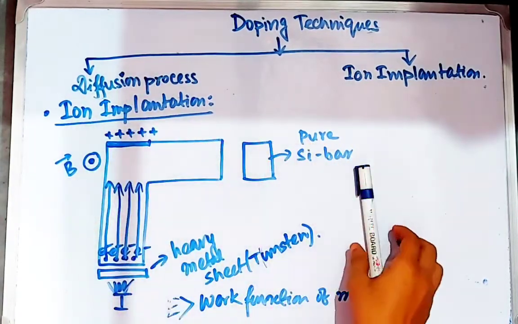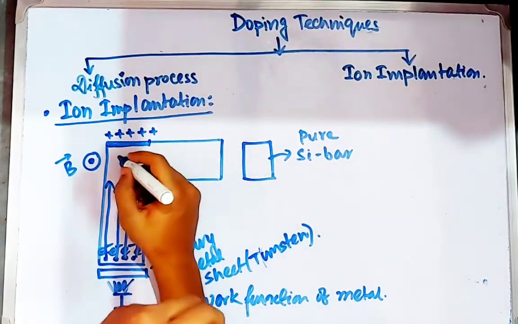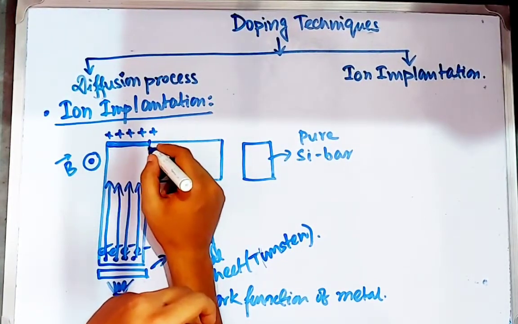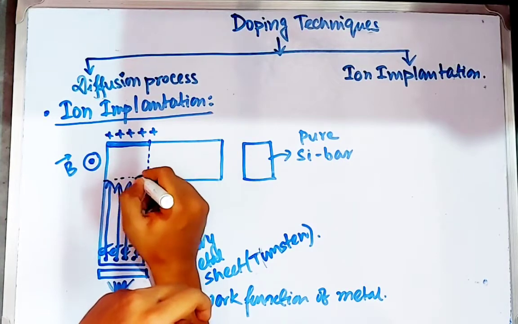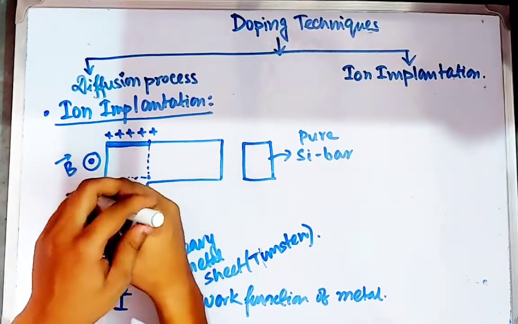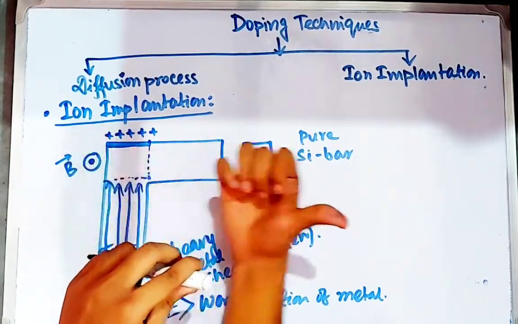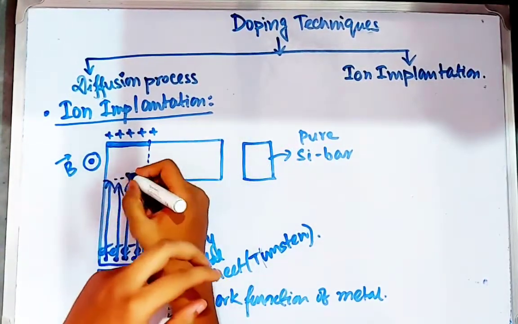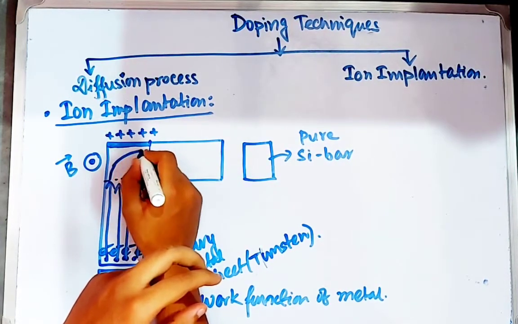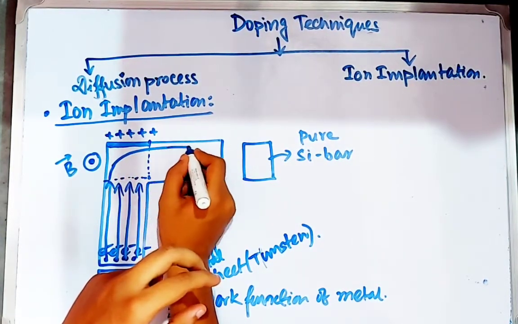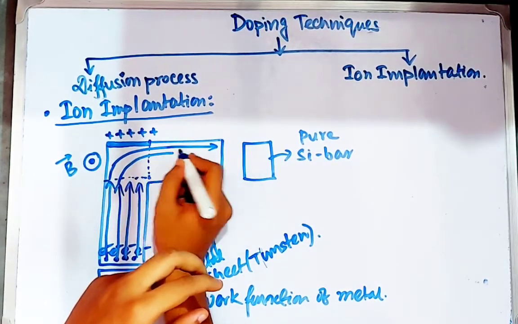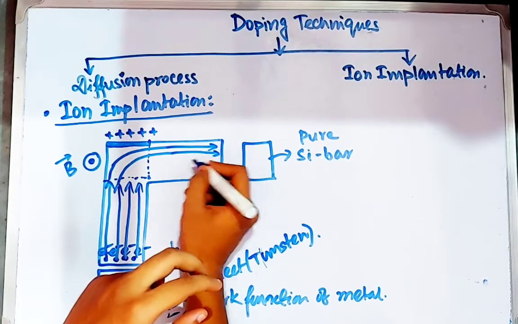Of course, as we are applying a magnetic field within this region, the electrons will get a push in the rightward direction. So all these electrons follow a path like this.